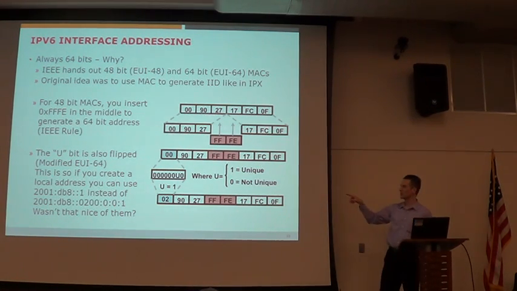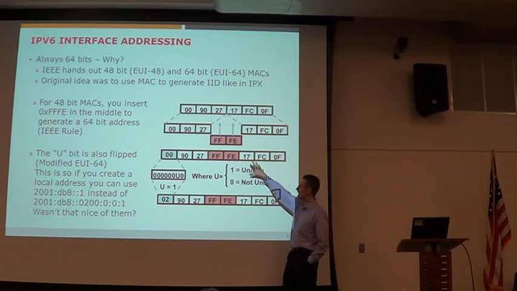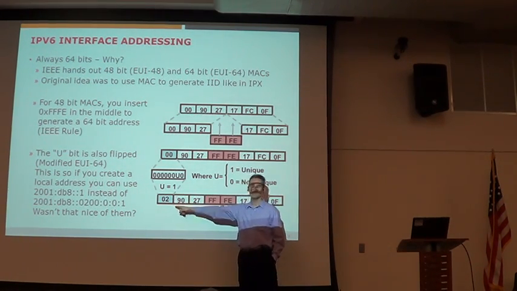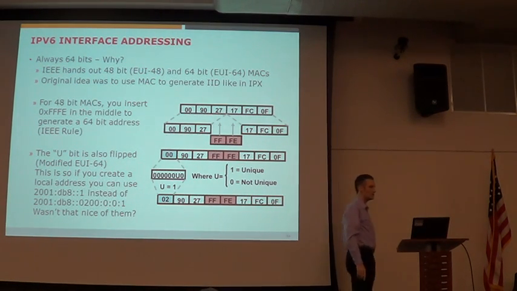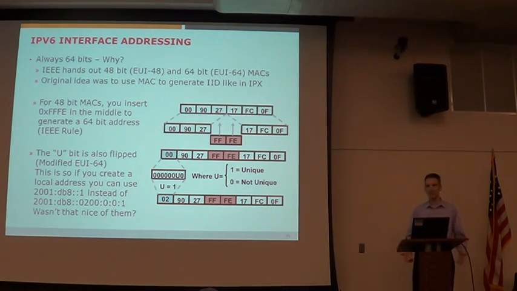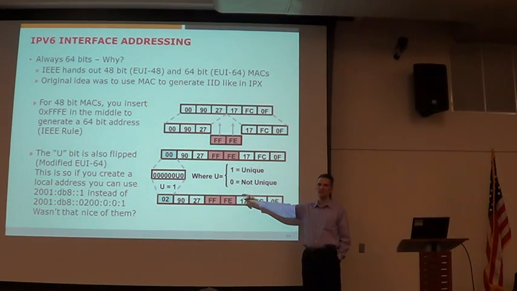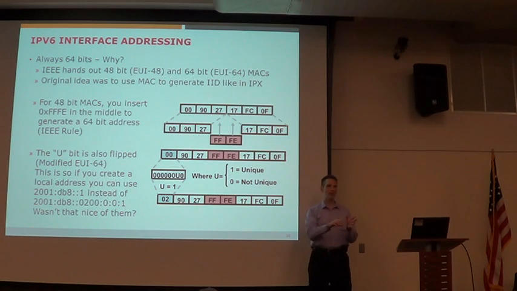Now, there's one more thing. When you take your MAC address and change it into an interface address, you have to flip the unique local bit. This drives a lot of people nuts, because it's like, man, why do I have to do that? But there's actually a really good reason. Let's say I want to create a router.